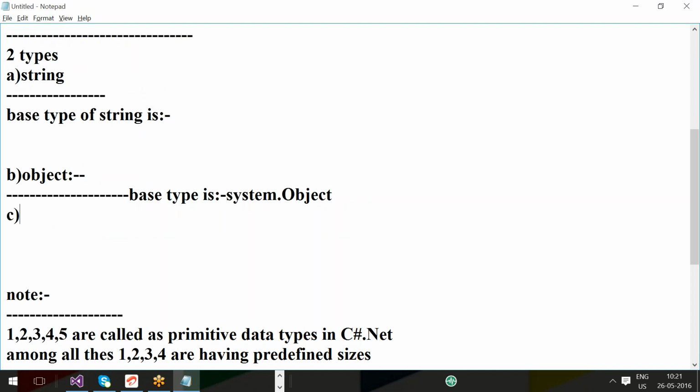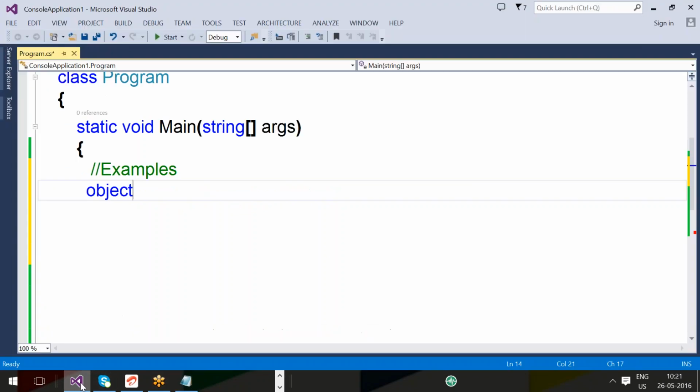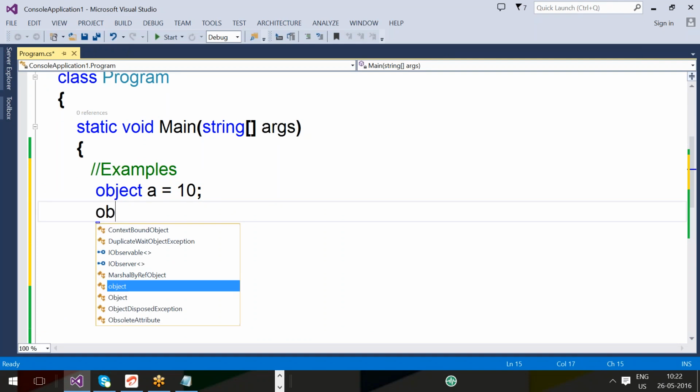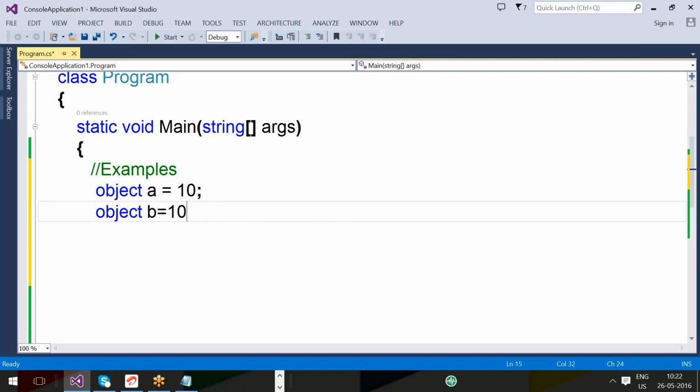Now let's see the examples for object. Object a equal to 10. Valid or invalid? Valid, sir. Object b equal to 10.5. Valid.